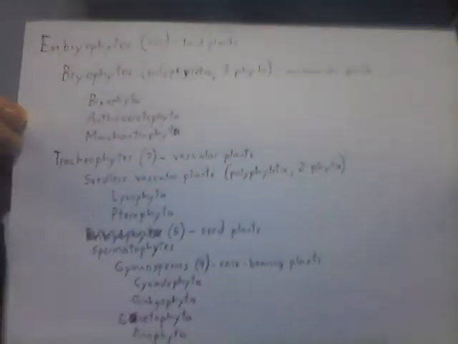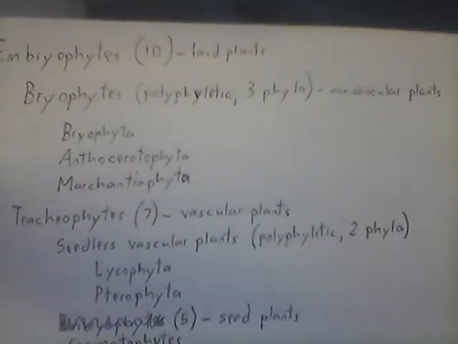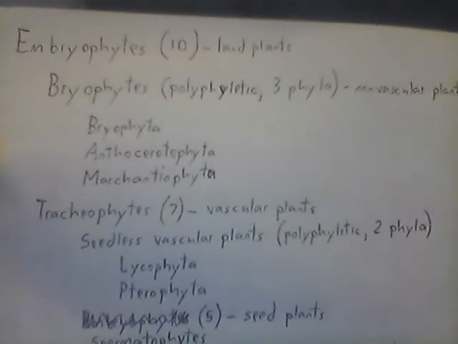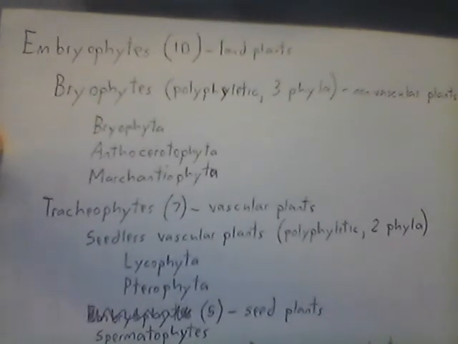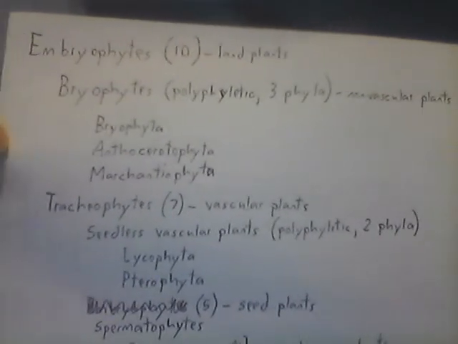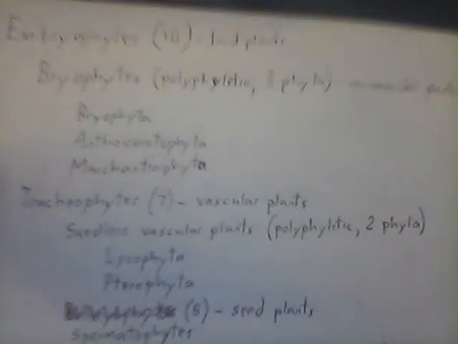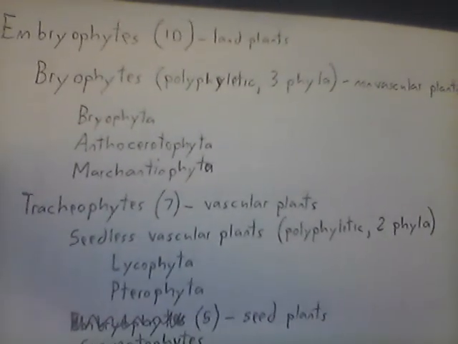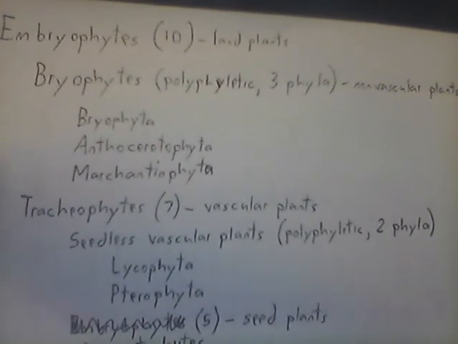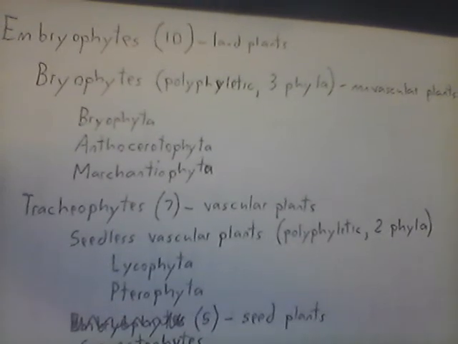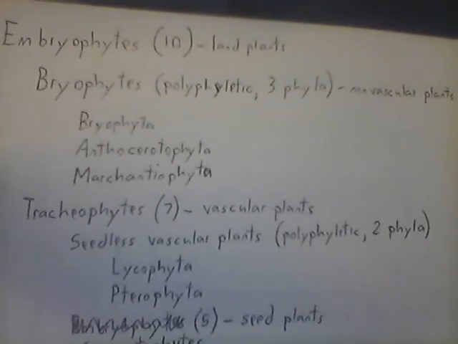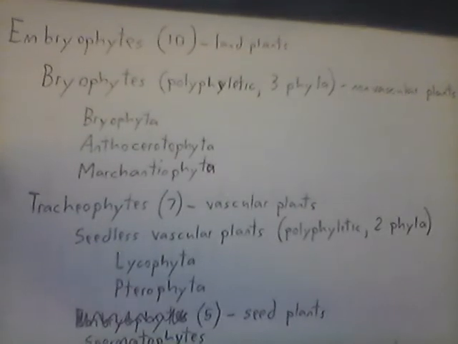All right, so you can see we have the embryophytes, 10 phyla of embryophytes, which are land plants, as we call them. Within the embryophytes, we have 3 phyla of bryophytes, or non-vascular plants, which I have listed here: the phylum Bryophyta, the phylum Anthocerotophyta, and the phylum Marchantiophyta.